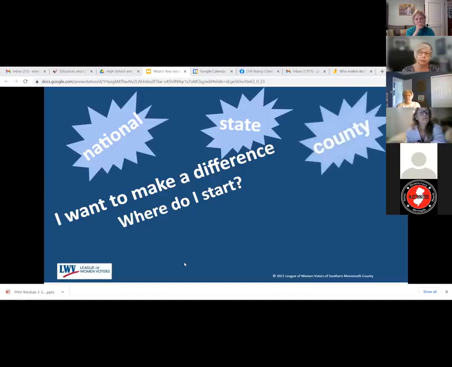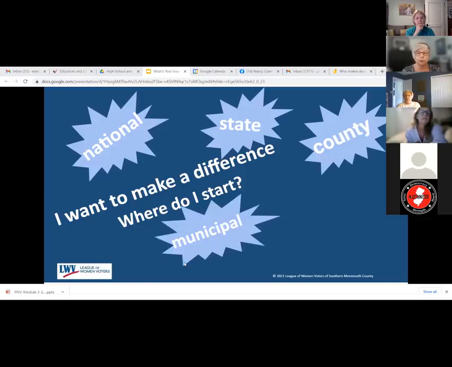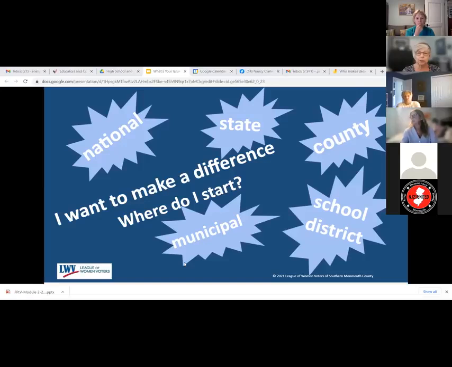On a county level, recycling cans might be placed in county colleges or at county parks. On the municipal level, plastic bags might be banned in businesses, and that's happened in several places around me. And even at the school board level, there are places where they might switch, say, from plastic straws to paper straws in the school cafeteria.